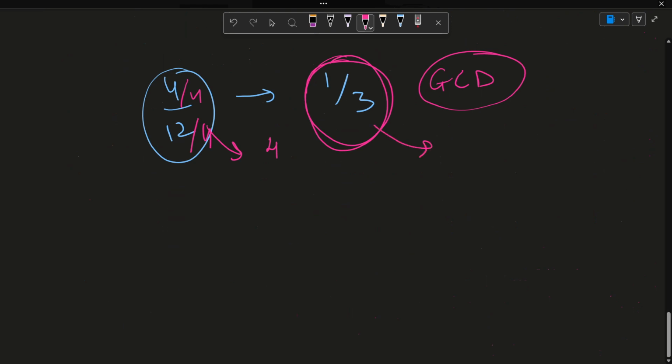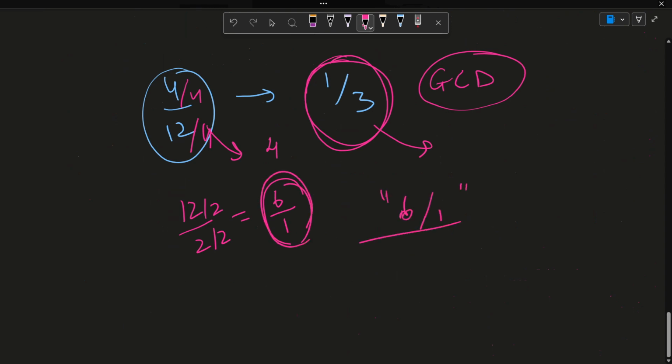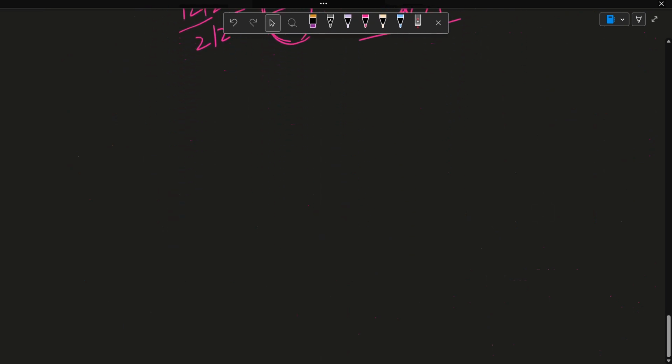So let's say if you had your answer as 12 by 2, you would find the GCD as 2, so you'll divide both numerator and denominator by 2. So what you will get is 6 over 1, and in the end you would always return the answer as 6/1. Fine, understood?